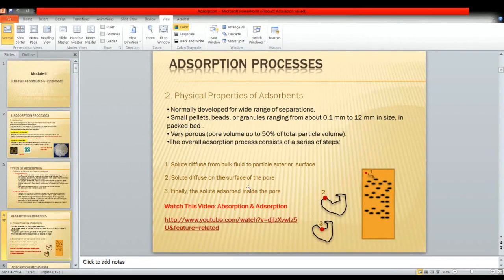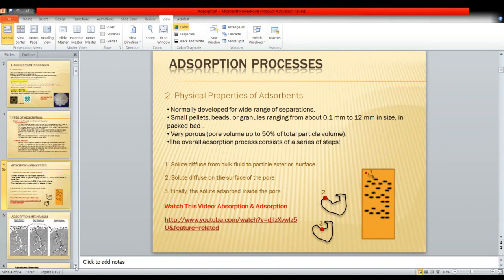Then the solute diffuses on the surface of the pore. Look at the picture, second number. Then third, finally the solute adsorbs inside the pores. Finally it goes inside. So this is a pore, a hole or ditch, you can say. So these three steps are for the adsorption process.